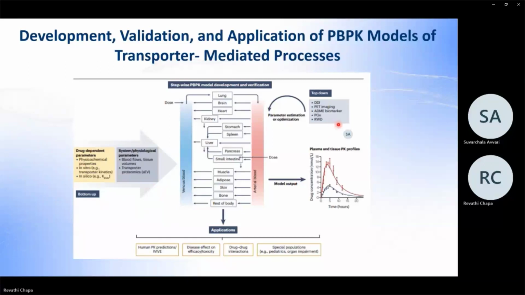The bottom up approach is a typical approach that is followed and is initially constructed based on the preclinical data during the early drug discovery stage and compound specific parameters like the physicochemical properties, in silico estimation for the Kps, in vitro data for the transporter kinetics or the enzyme kinetics. So these are used to predict the in vivo PK profile in preclinical species and humans.